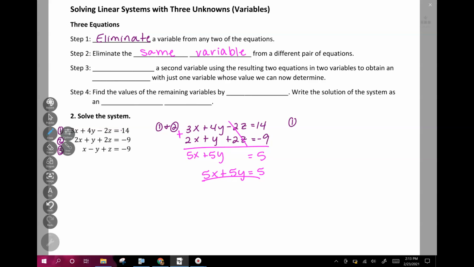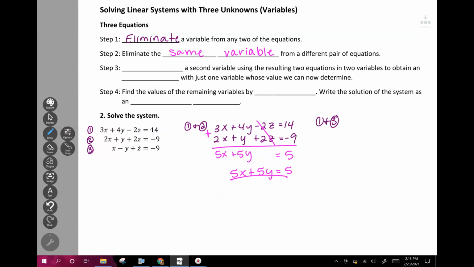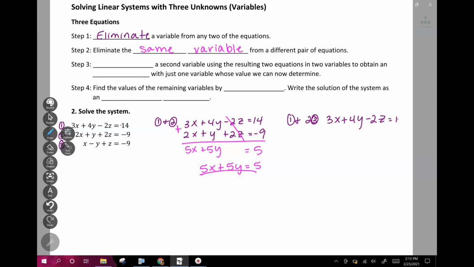So I'm looking at equations 1 and 3, and I'm going to do elimination again on these. I could multiply equation 3 by 2 to make my z's eliminate. So equation 1 is 3x plus 4y minus 2z equals 14.